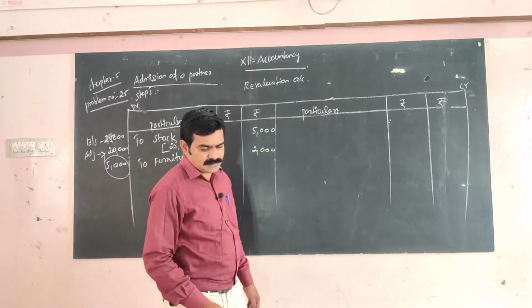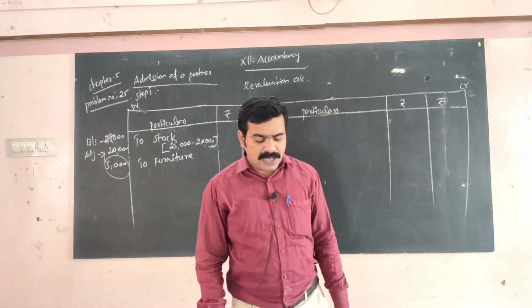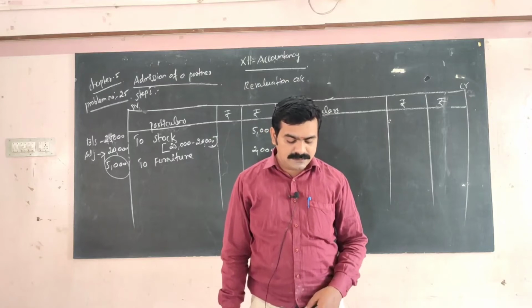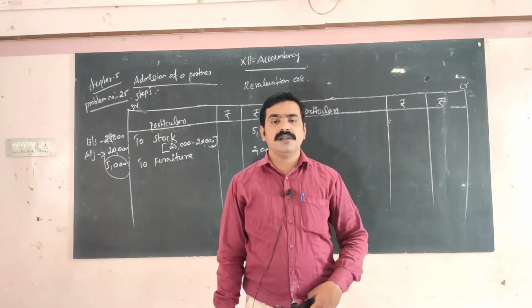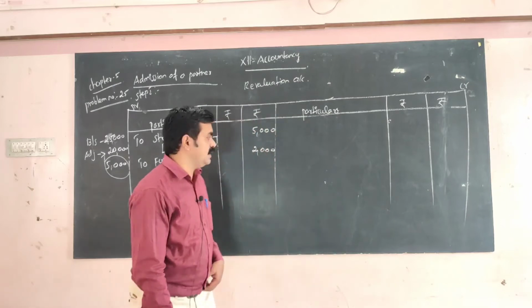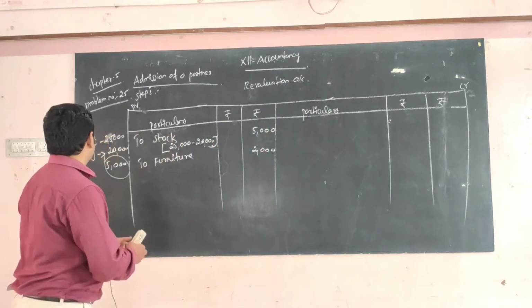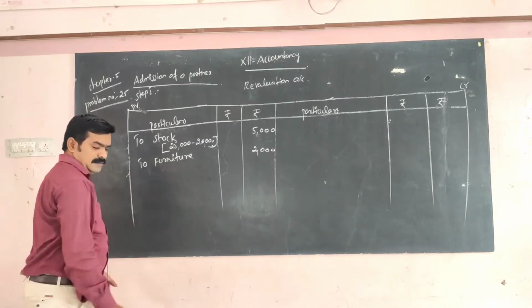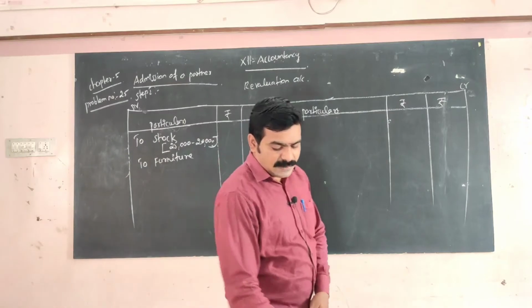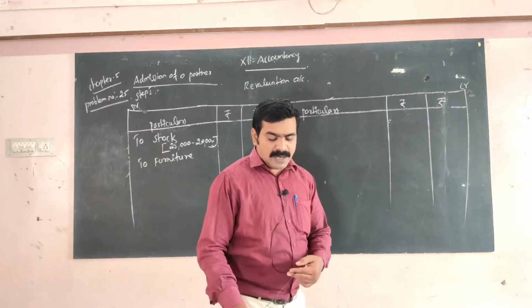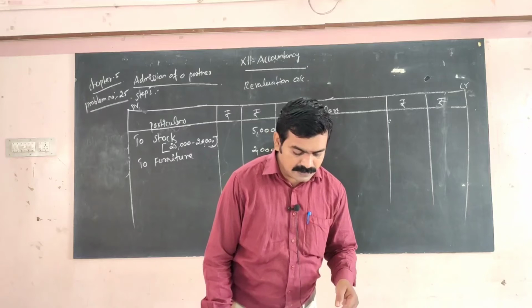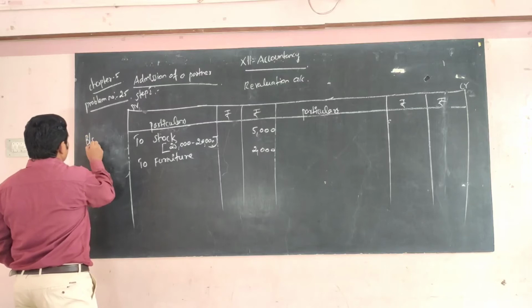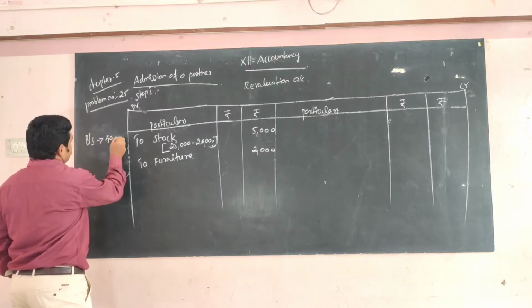Next, the value of building is to be depreciated by 20%. What is the value in your balance sheet? Building value in your balance sheet is 40,000.